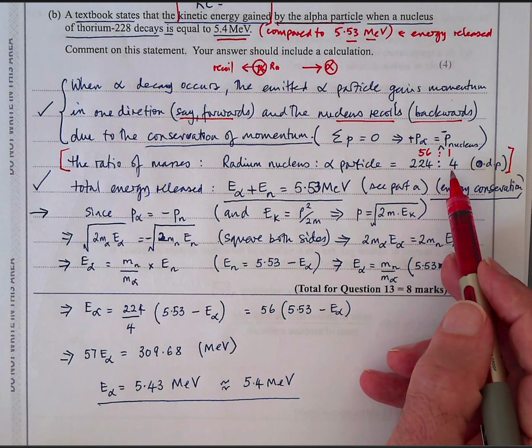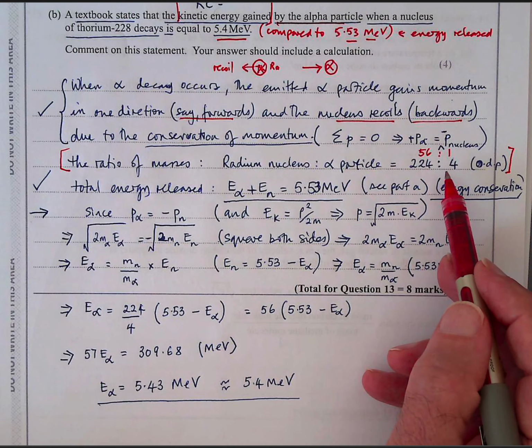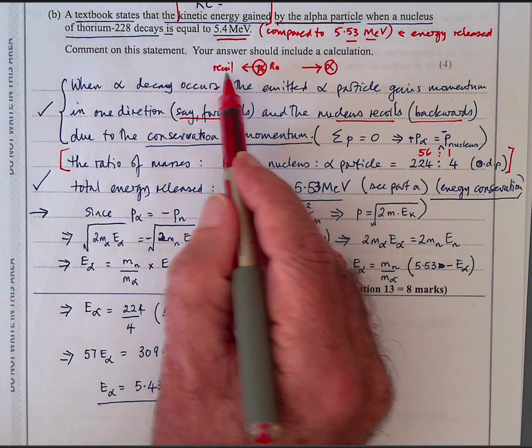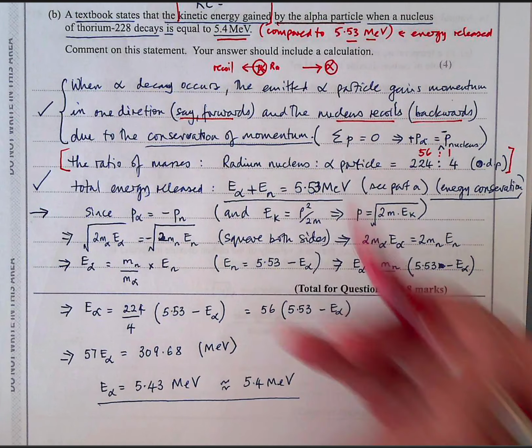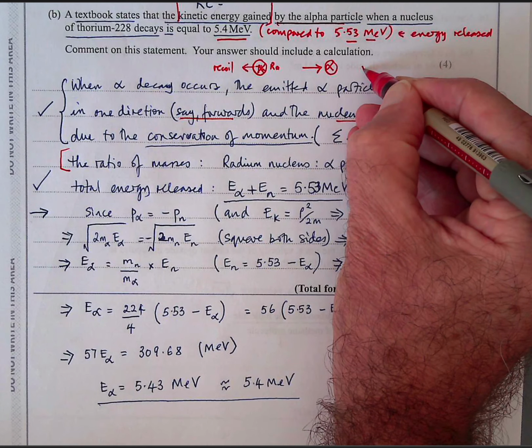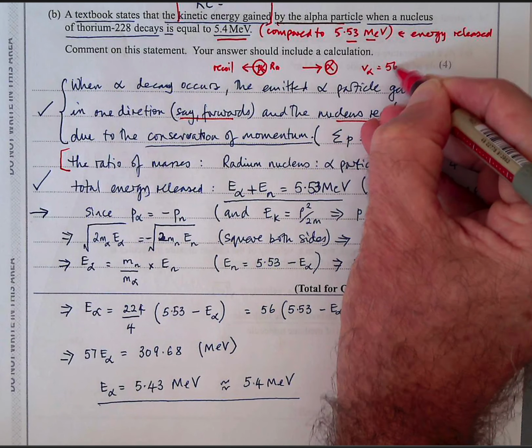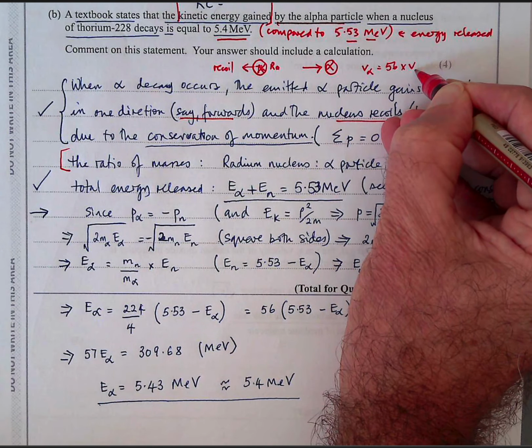That means the velocity of the alpha particle will be 56 times greater than the velocity of the recoiling radium nucleus. This one has a small velocity and this one a large velocity.